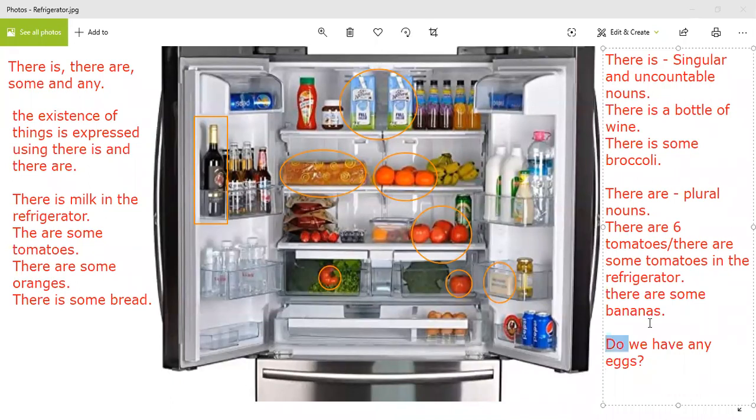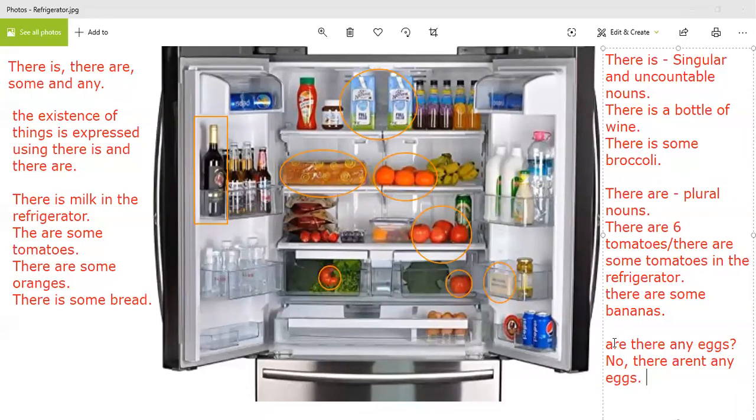Or to be more specific, are there any eggs?